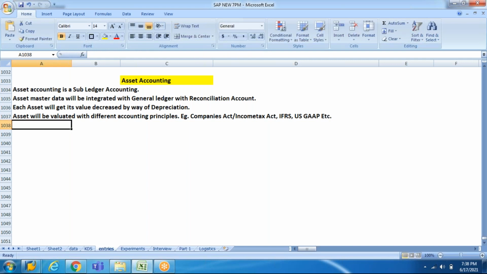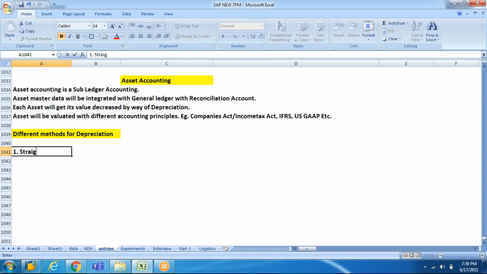Okay, and you need to understand different methods for depreciation. Okay, when we talk about the different methods for depreciation, we need to understand how an asset will be depreciated and what are the ways. In general, we have three methods. One is the straight line method.